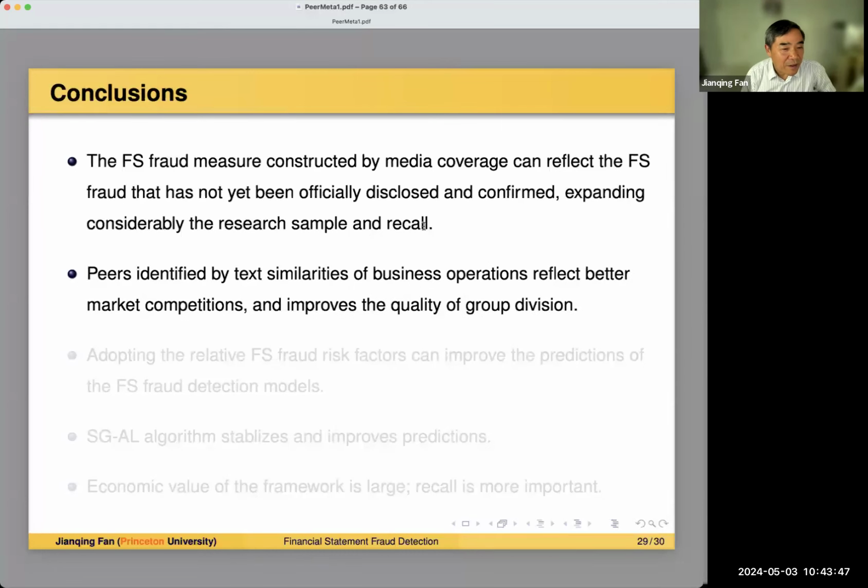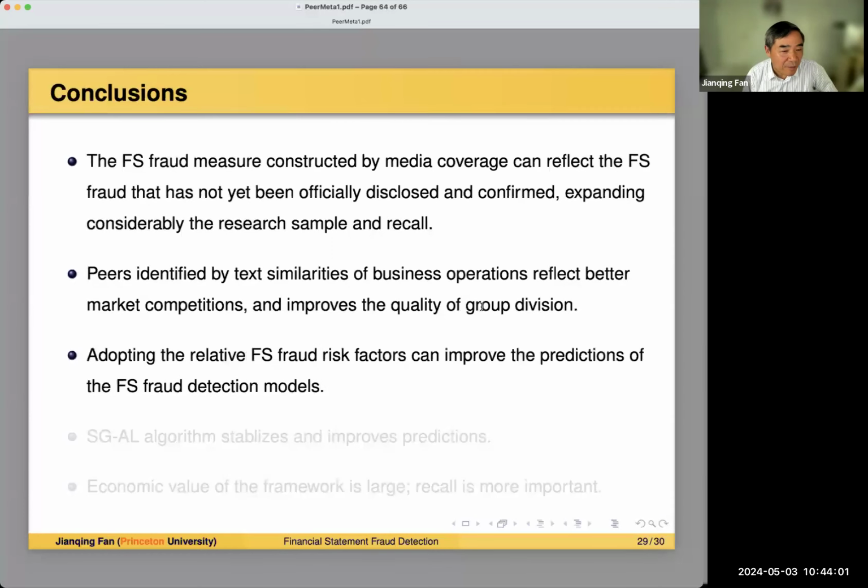Peers identified by text similarity of business operations better reflect market competition and therefore improve the quality of group division. We adopt the relative financial statement fraud risk, which helps improve the prediction of financial statement fraud models.